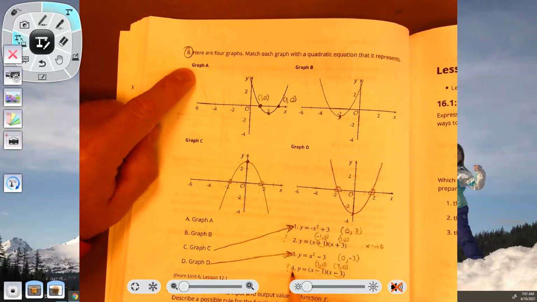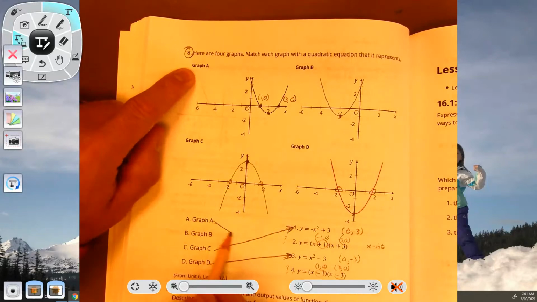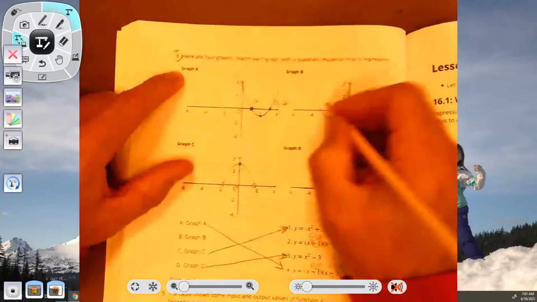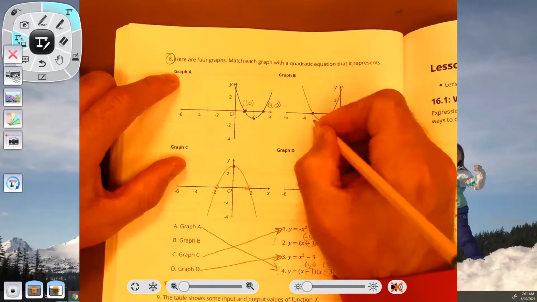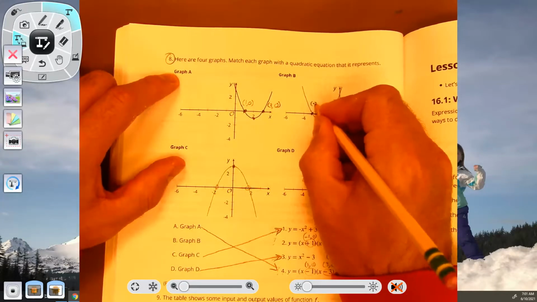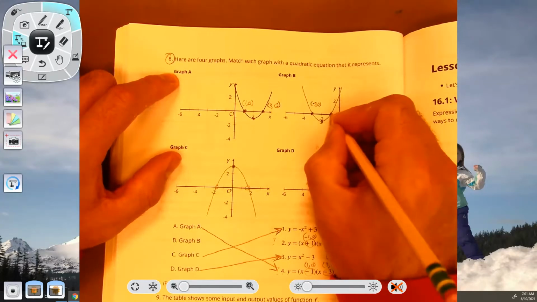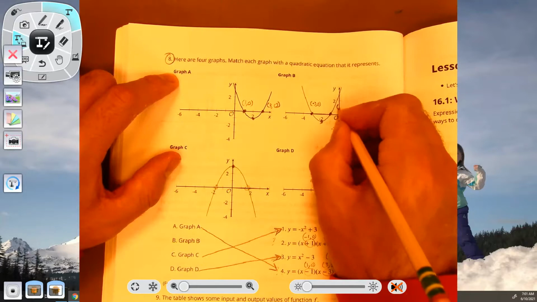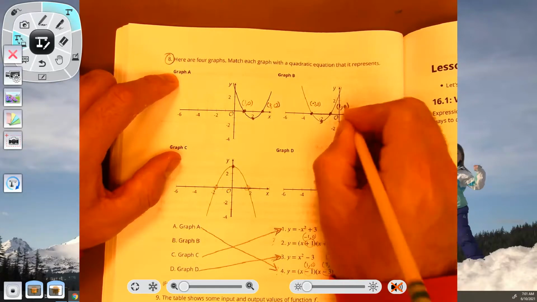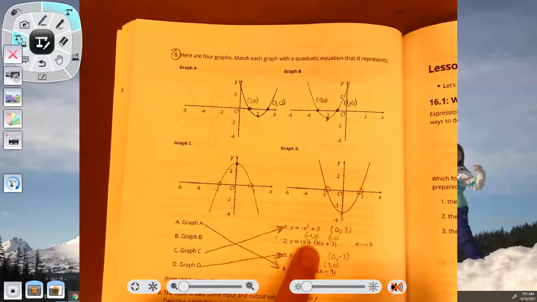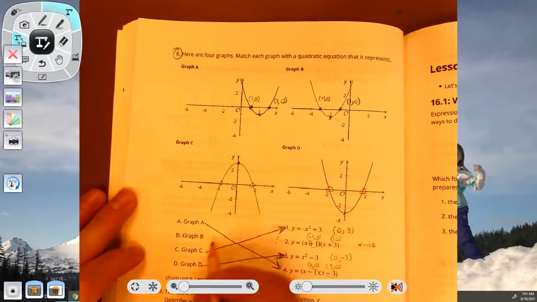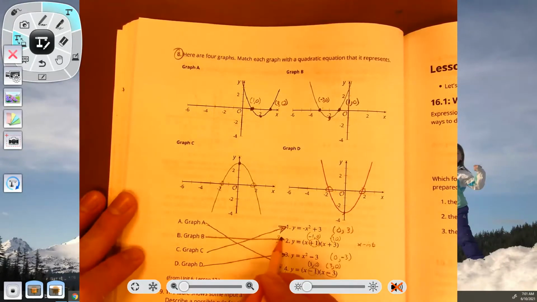Okay, so A and 4. And this graph B crosses at -3, 0, and +1, 0. Okay, -3, 0, +1, 0. So B is number 2.